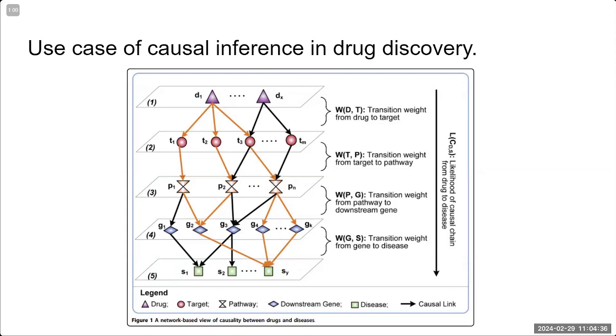That's correct. The other thing is there are these blood pressure drugs, I think they call them beta blockers or sodium channel blockers. Exactly. So they do not necessarily target the genes.